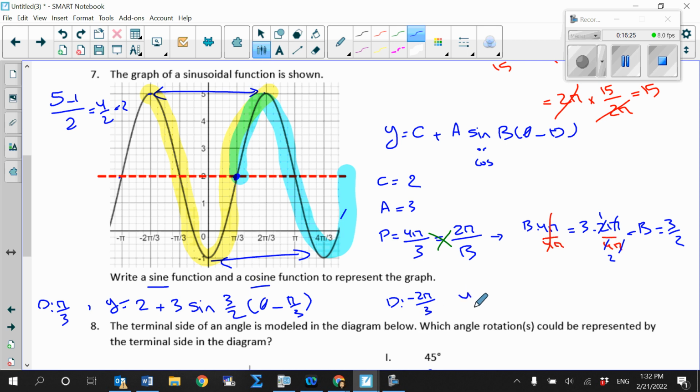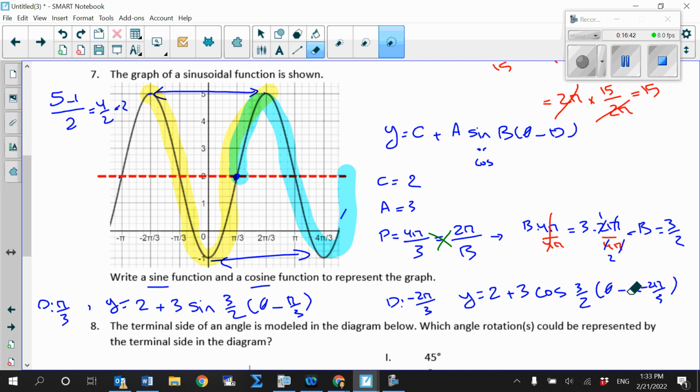I can write the function y equals c, which is 2, plus a, which is 3, cosine of 3 over 2, that's the b value, times theta minus negative 2 pi over 3, but negative times negative is positive, so I'm going to change it to theta plus 2 pi over 3. So these are the two functions.